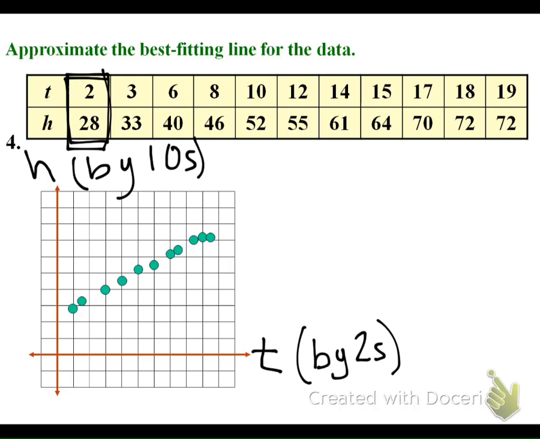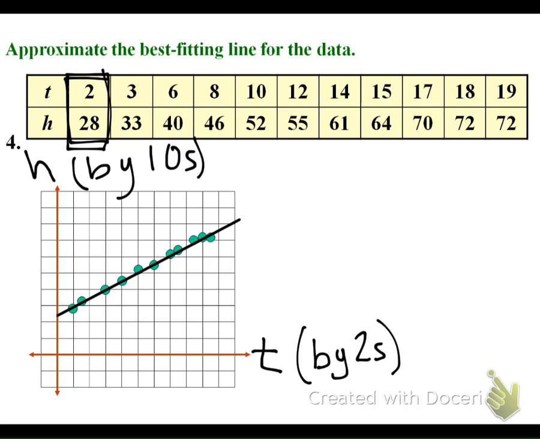Now I want to draw in a best fit line. So let me just kind of play around with it. Now this one's kind of tricky because they're almost already a line. Does that look like a good best fit line? I'm okay with that.